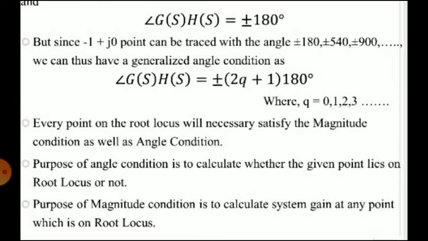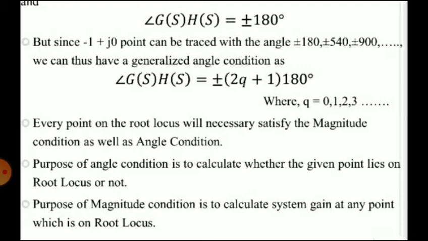But since the minus 1 plus j0 point can be traced with the angle plus or minus 180, plus or minus 540, plus or minus 900, we can thus have a generalized angle condition as angle G(s)H(s) equal to plus or minus (2q plus 1) times 180 degrees, where q is equal to 0, 1, 2, 3, etc. Every point on a root locus will necessarily satisfy the magnitude condition as well as the angle condition.